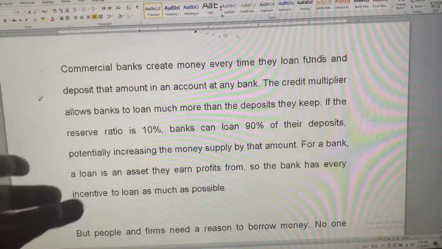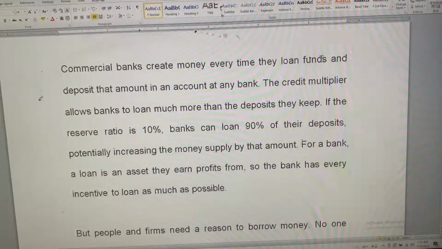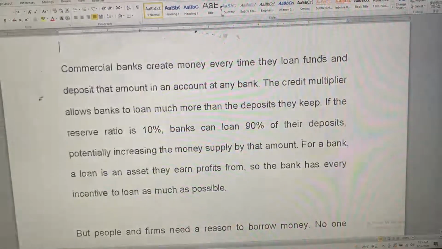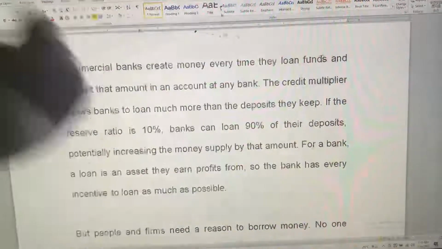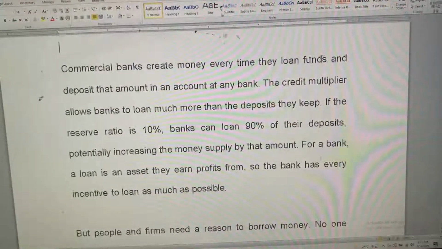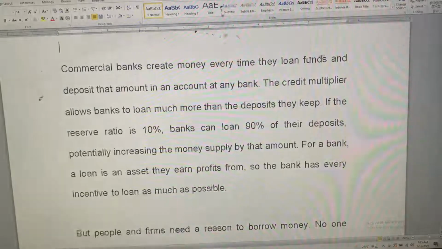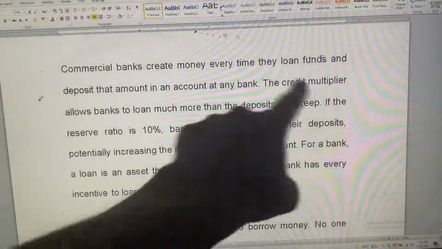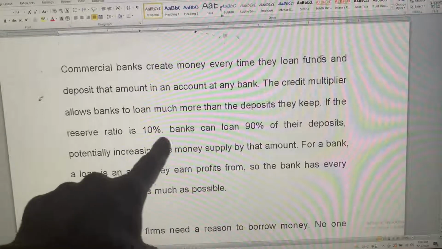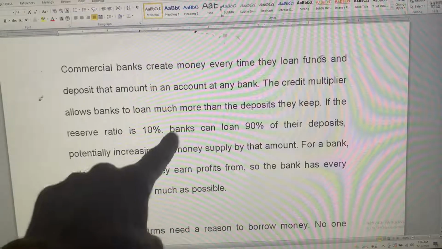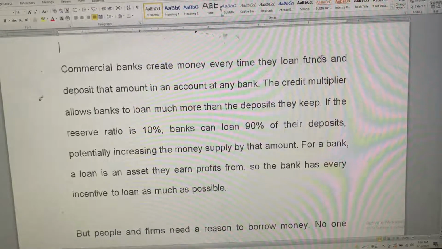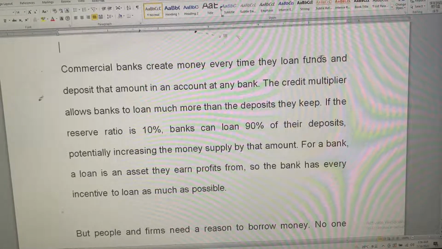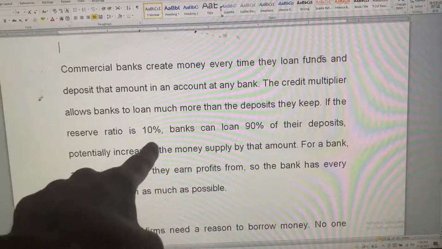So now I must explain, so that's analysis. Commercial banks create money every time they loan funds, and deposit that amount in an account at another bank. That creates money. Credit, this is the credit multiplier. And of course, banks can loan much more than the deposits they keep. There's the multiplier effect. The reserve ratio is 10%.